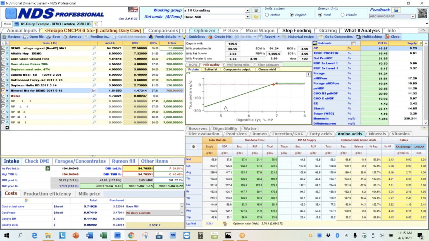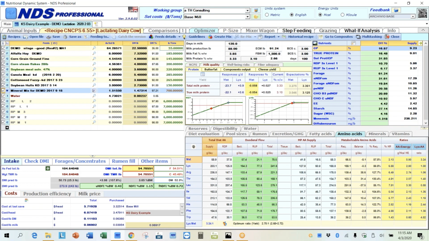And you can see the same thing for lysine over here. But clear over here are our expectations for the grams for the methionine levels here.